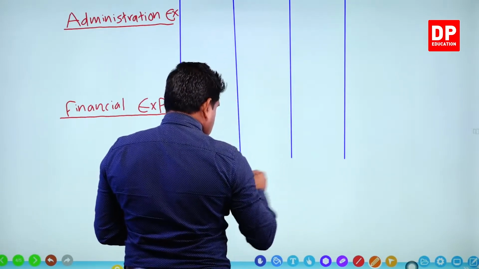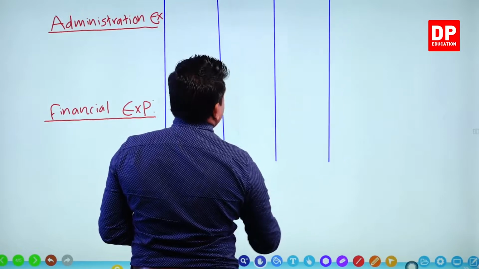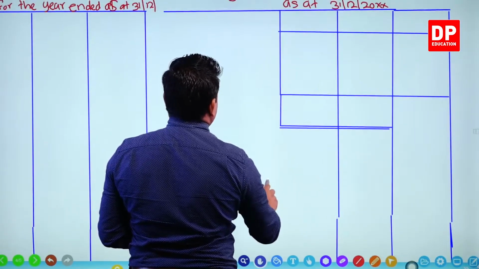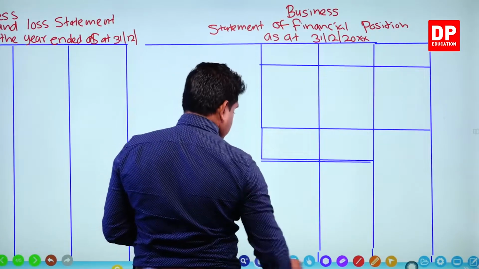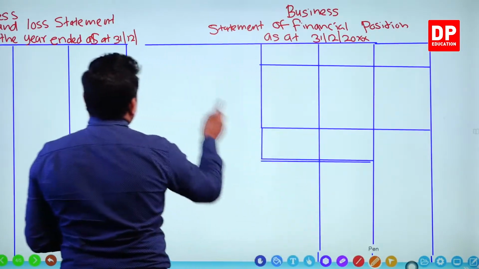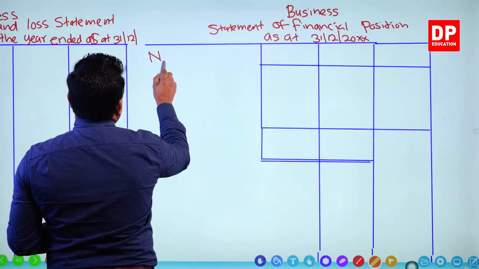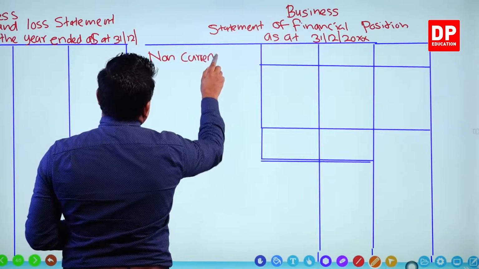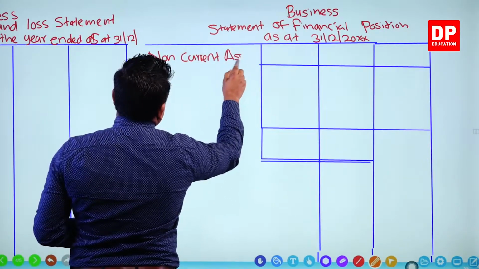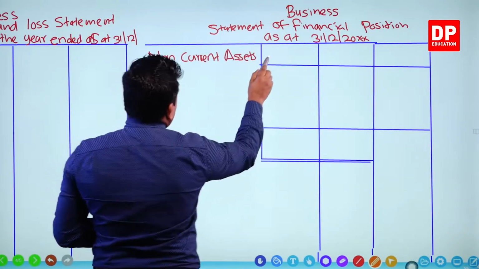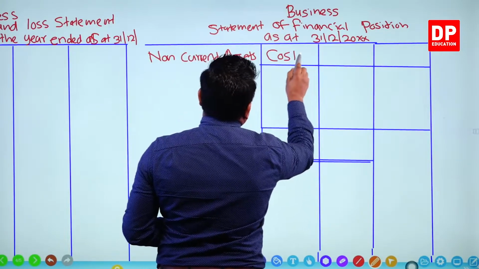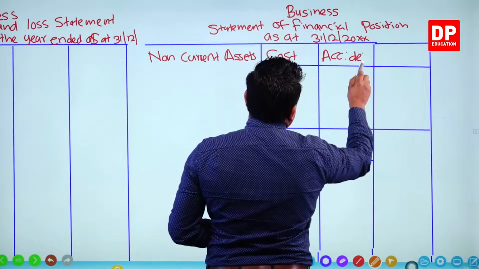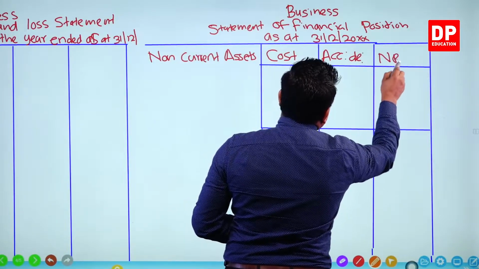Then we can classify other details in the statement of financial position. In the statement of financial position, on the top we write non-current assets. Here cost, accumulated depreciation, net book value, NBV, right?